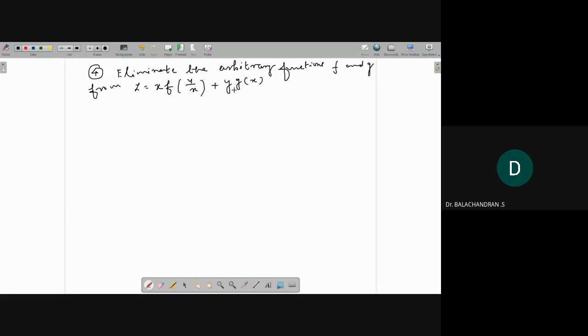I think in the last class we solved a similar type of problem. Can anyone tell the statement? Just the function.